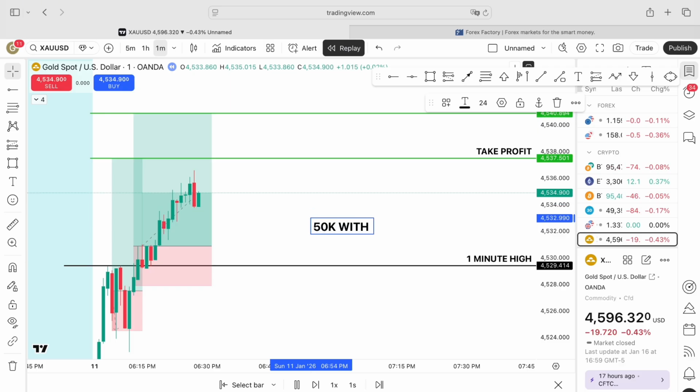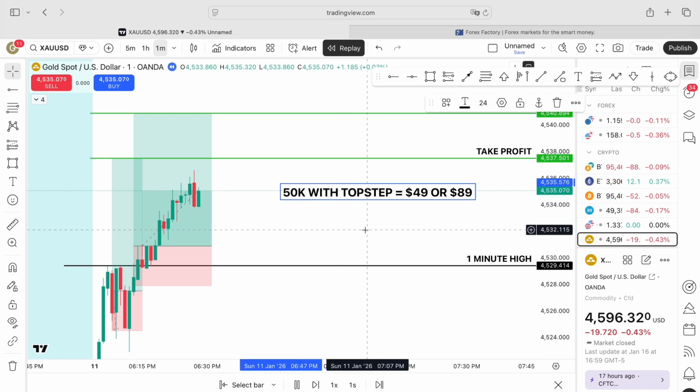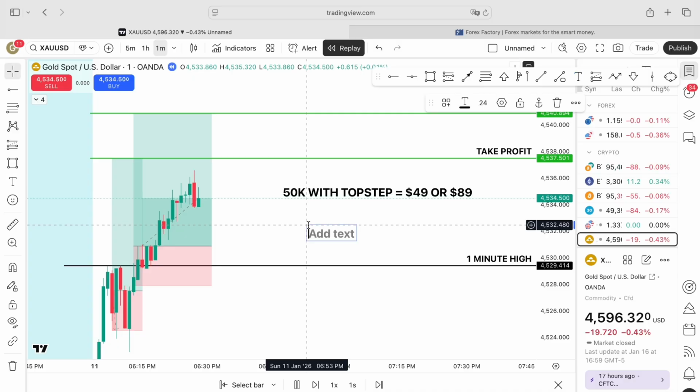With Top Step it is either 49 or 89, right? I recommend you buy about 5 challenges.